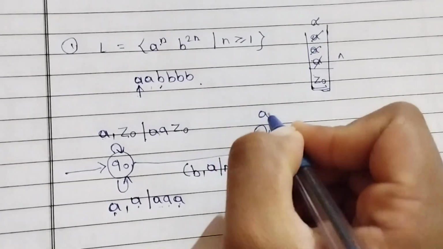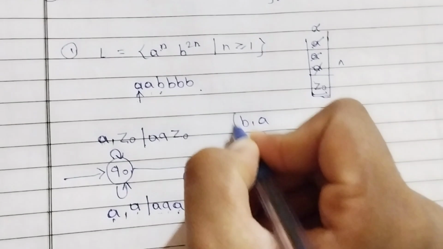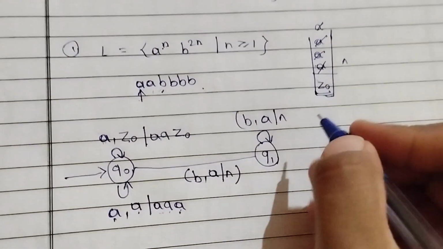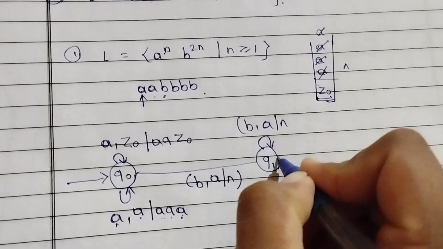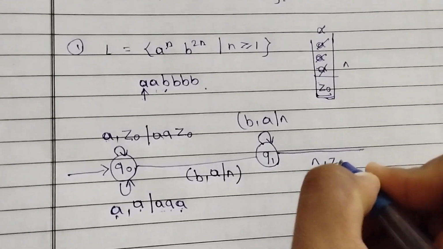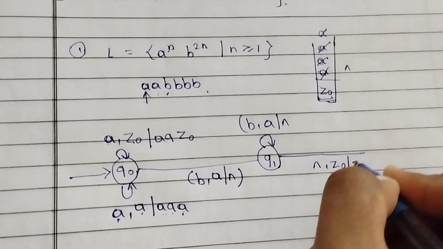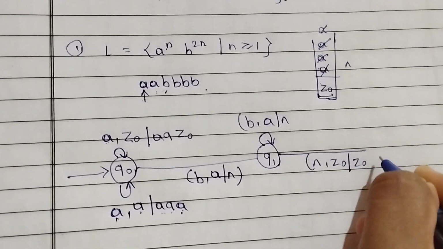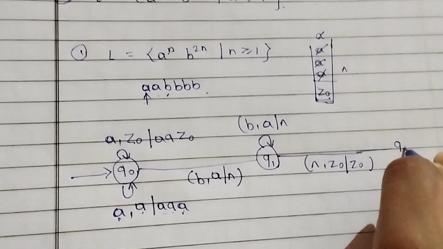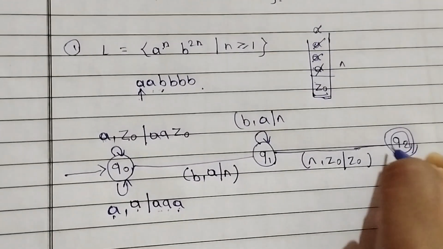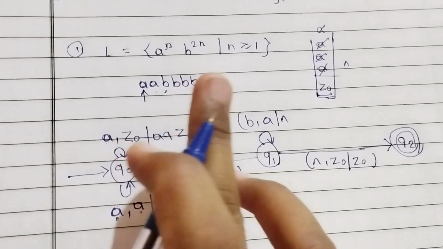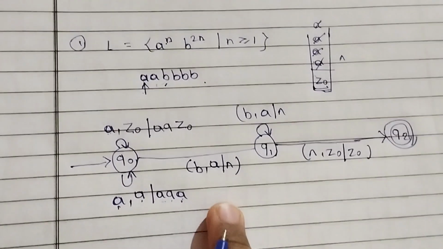So initially a is present, we read b, pop operation is performed, and now at the end we read null, where initial z0 is present, and z0 stays as it is, and here we say that we are in the final state. So this is the logic for a raised to n, b raised to 2n, and this is the PDA.